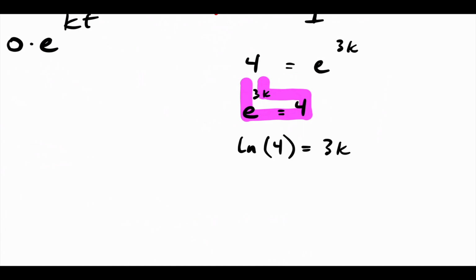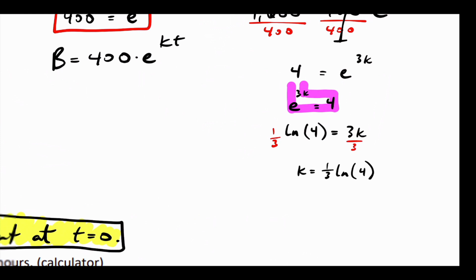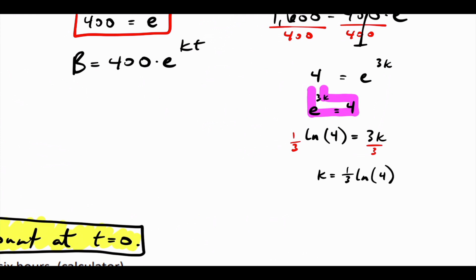Divide by 3. So I got K equals 1/3 natural log of 4. Last step, plug that in now.